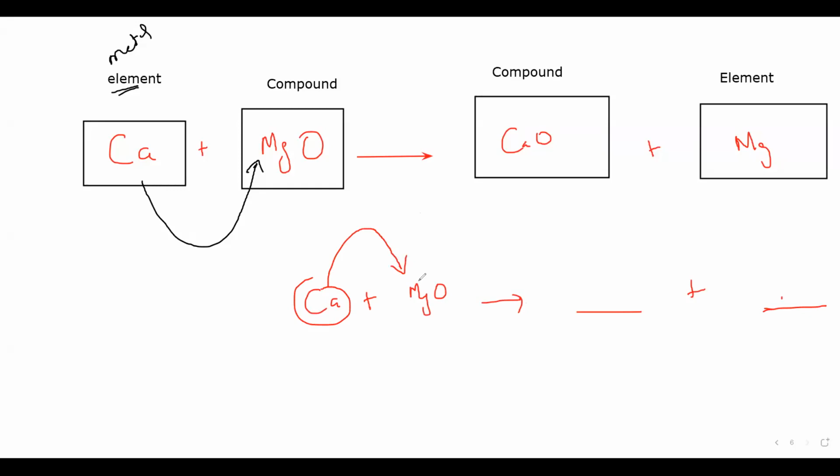So it will be a compound of calcium and oxygen. To know the compound of calcium and oxygen, you should always use a periodic table. Calcium is +2, oxygen is -2. So the compound of calcium and oxygen will be CaO.